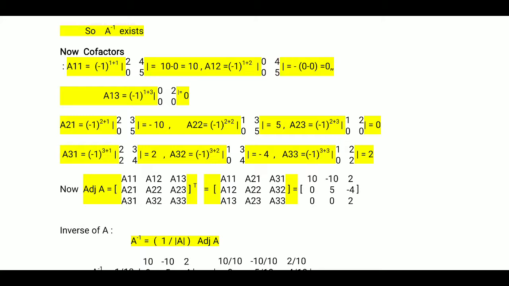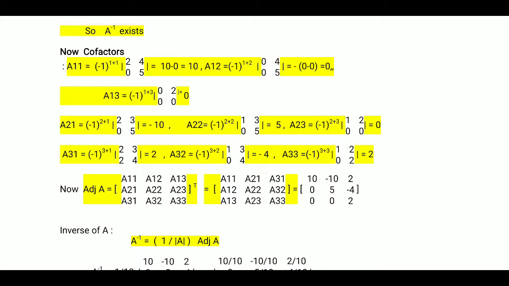Now come to the adjoint. The adjoint is obtained by replacing each element by its cofactor and then transposing it. It means capital A11, A12, A13, A21, A22, A23, A31, A32, A33, meaning each element is replaced by its cofactor and then we take the transpose.